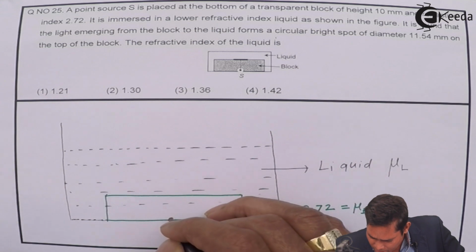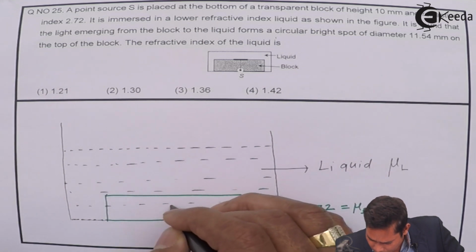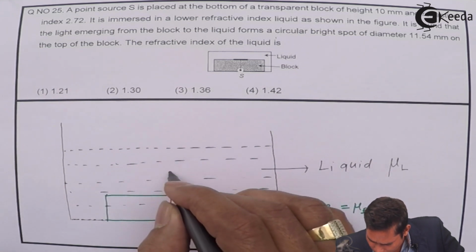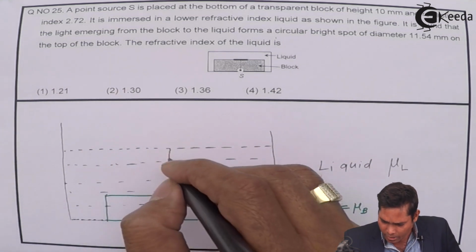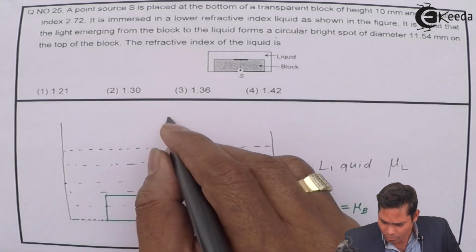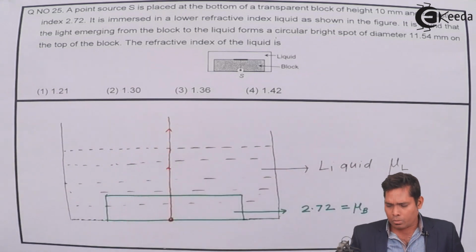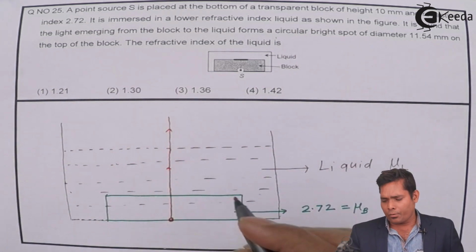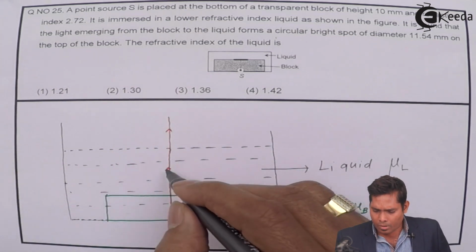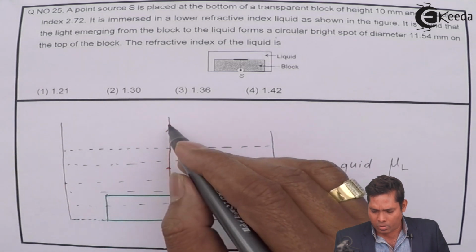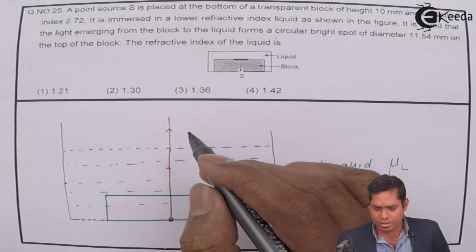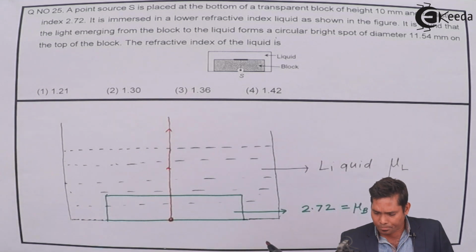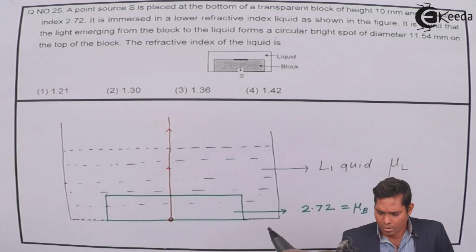The light which is moving straight will go straight without any deviation. It will not deviate even if it is in liquid or passing through air, because that is normal incidence. It will move straight forward without a deviation.